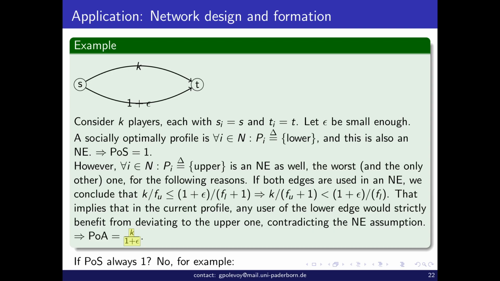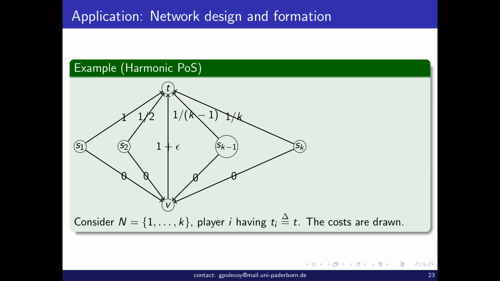Is the best equilibrium always optimum, or are there cases where even the best equilibrium is far from optimal, or at least non-optimal? And the answer is no, it's not always 1. So now we look at a very cute example where the price of stability is actually not 1.